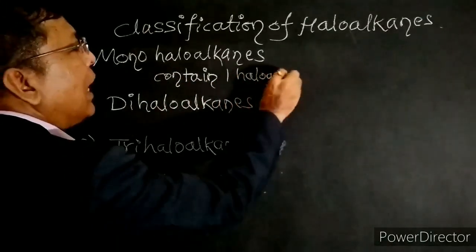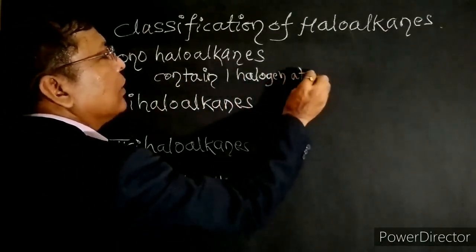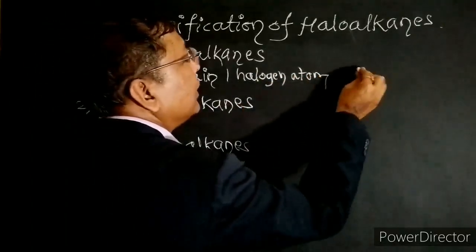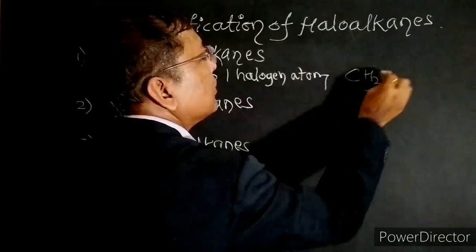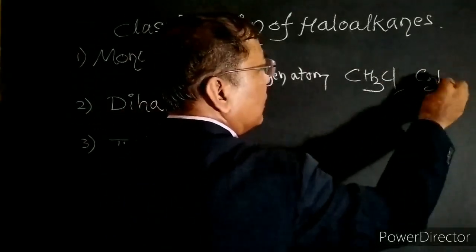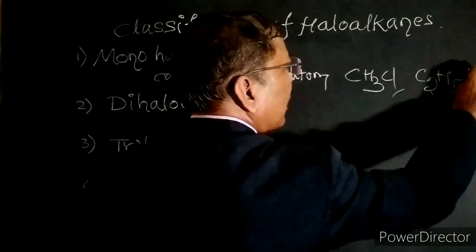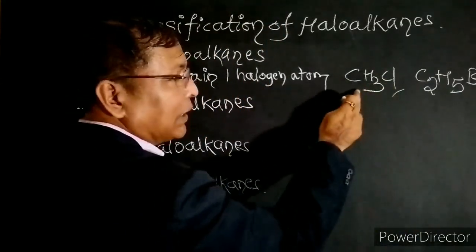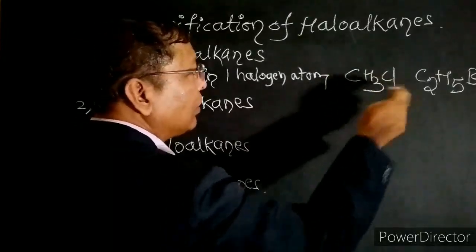Examples of monohaloalkanes are CH3Cl or C2H5Br. The name of this compound is chloromethane or methyl chloride.